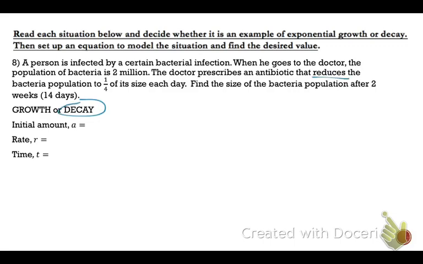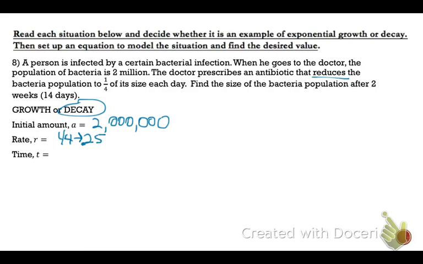So we have decay. Now our initial amount is 2 million. Our rate is given a little differently, so 1/4, but if you divide that out, that's 0.25, or 25%.